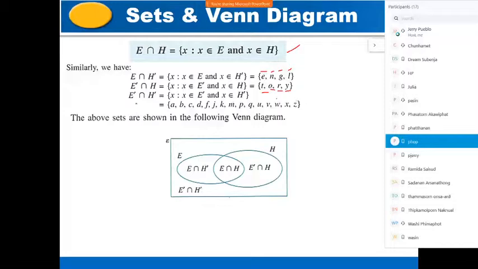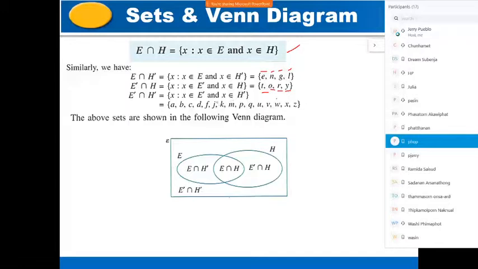Now, if the statement is not in E, or E complement, intersect with H complement, it means not in E intersect not in H. The element belongs to not in E, or E complement, and not in H, because there's a prime here. You look at the symbol, there's a prime. Prime means complement or not.